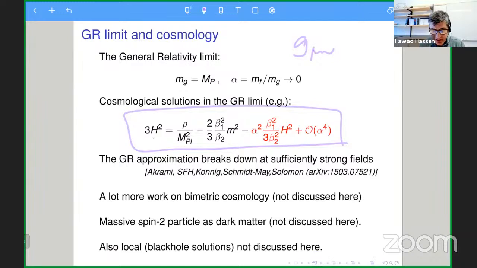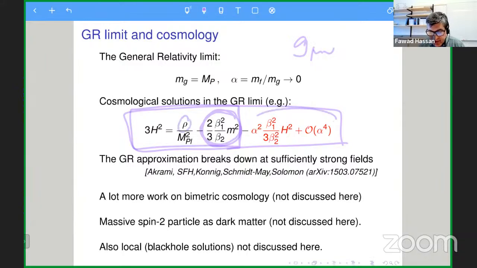That's the Hubble parameter. This is exactly like the equation for standard cosmology, where this contribution is a cosmological constant. This is a model where we did not put in a cosmological constant by hand from the beginning, but a cosmological constant emerges from the parameters of the theory and the mass. That's the matter density.